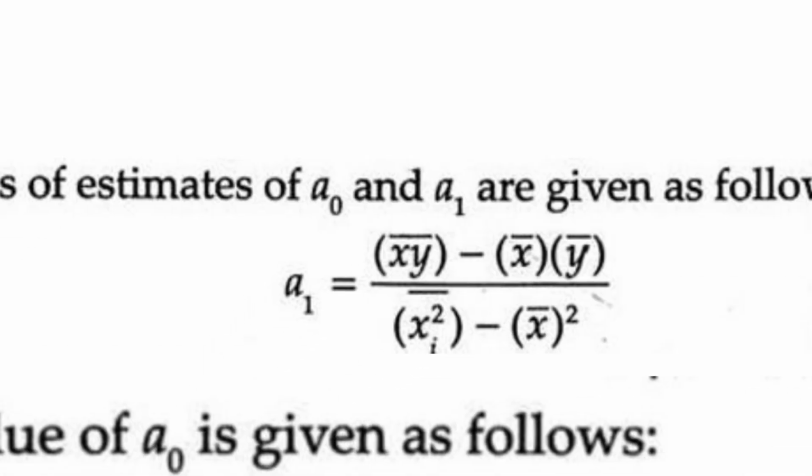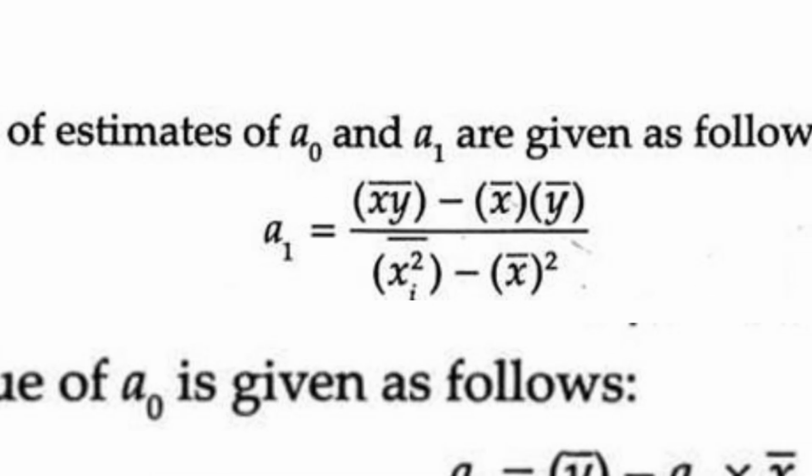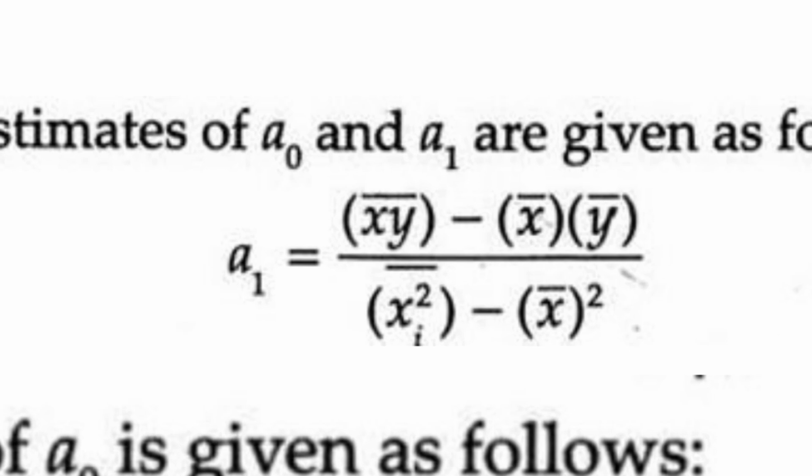Okay. In that equation we saw a0 and a1. That a1 and a0 can be computed as follows. a1 equal to the mean of the product xy, that is xy bar, minus x bar into y bar, divided by the mean of the squares of x minus the square of the mean, that is x squared bar minus (x bar) whole square.